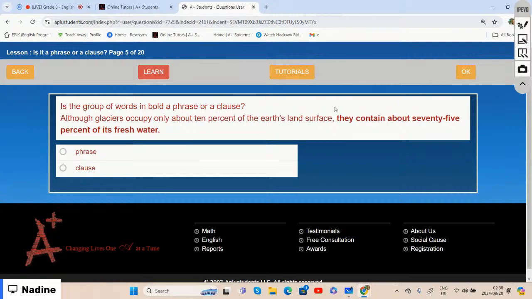So we need to say if the words in bold, which are they contain about 75% of its fresh water, are a phrase or a clause.